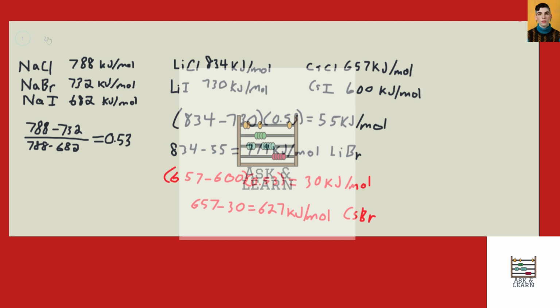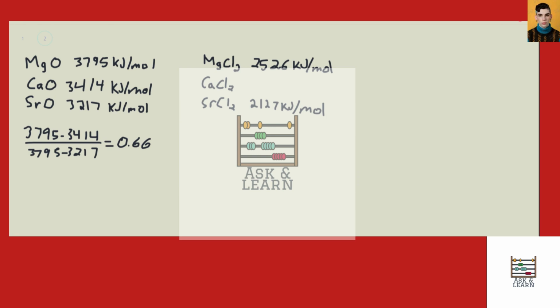And next, we're going to do these two: 2526 minus 2127 times 0.66. That's 263.34 kilojoules per mole.